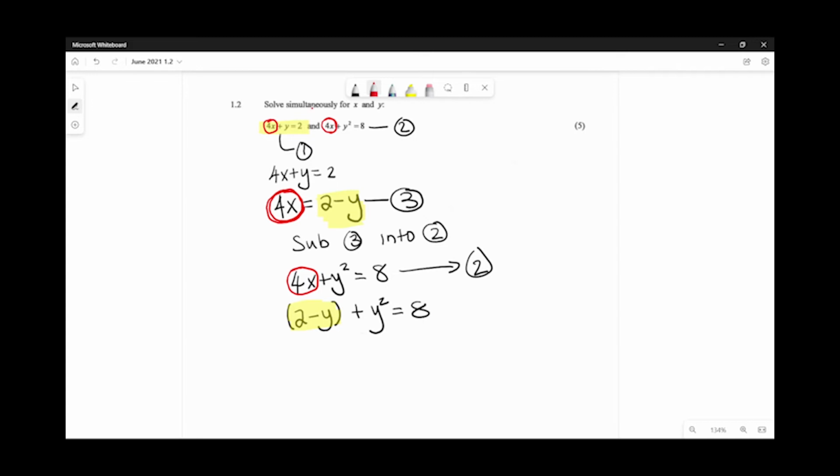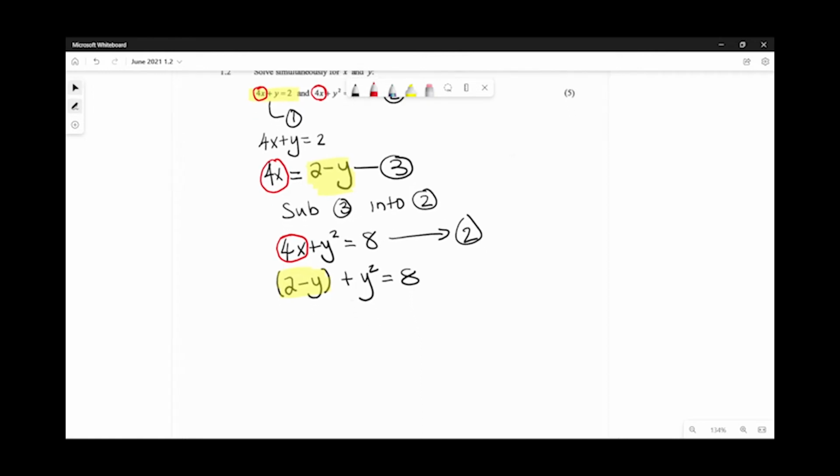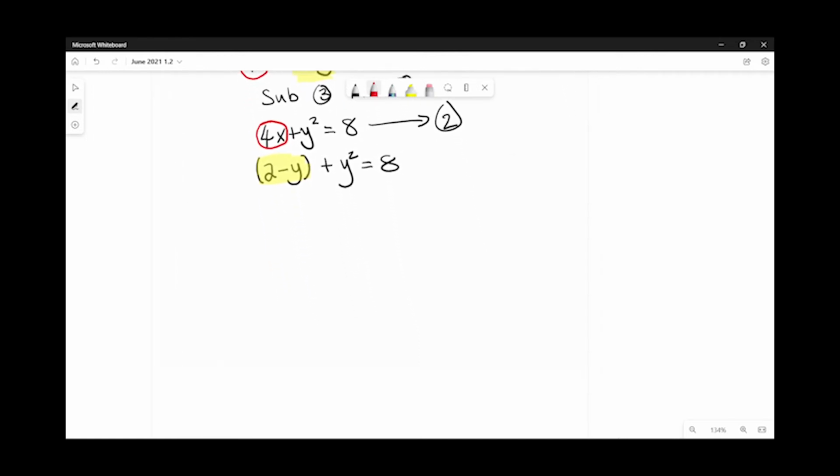We wrote 4x as 2 minus y because it is equal to 2. That's what we said here. And from here, we're going to simplify and solve for y first.